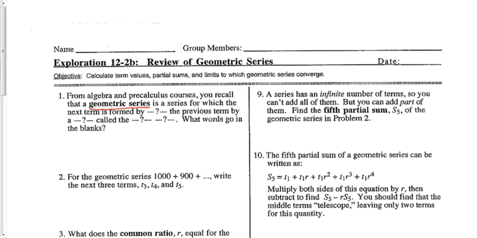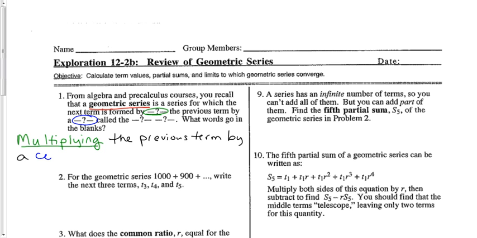For the first blank, it's a series for which the next term is formed by multiplying the previous term by a constant, and this constant has a name, and it is called the common ratio. So that's the definition of a geometric series.